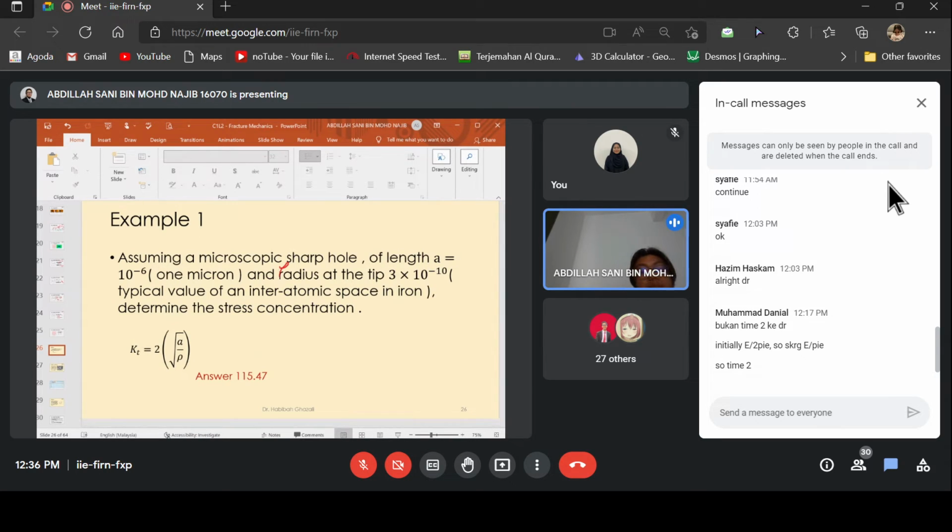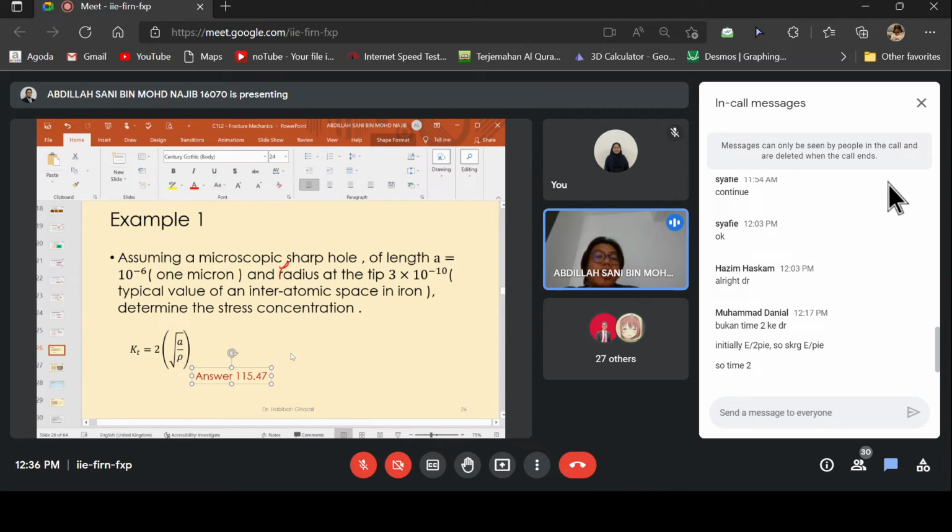There is the answer already, or you can try it yourself, maybe just key it into Excel or a calculator. You get the answer of 115. See that the stress concentration is very, very high, 115 times.